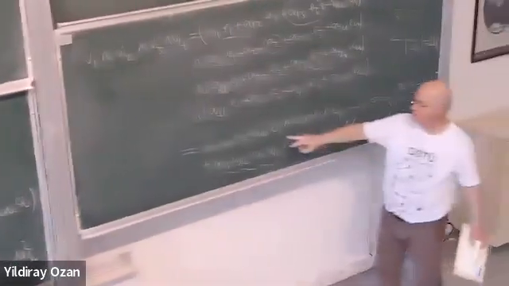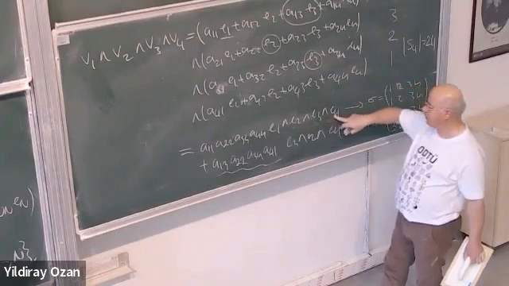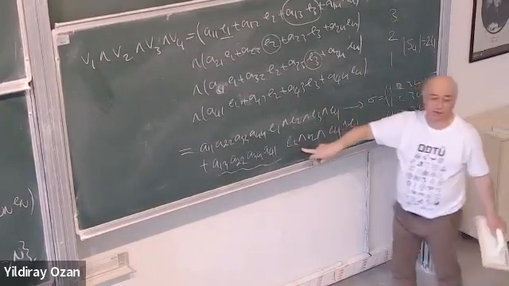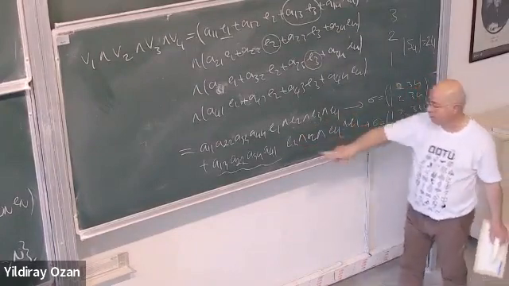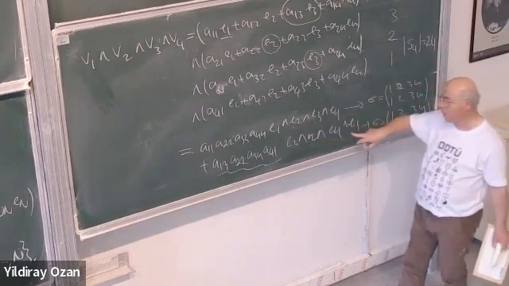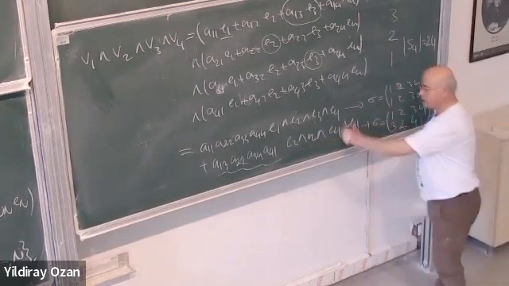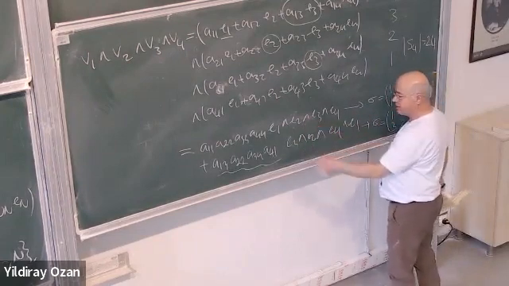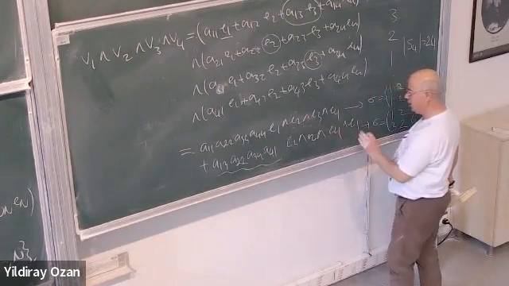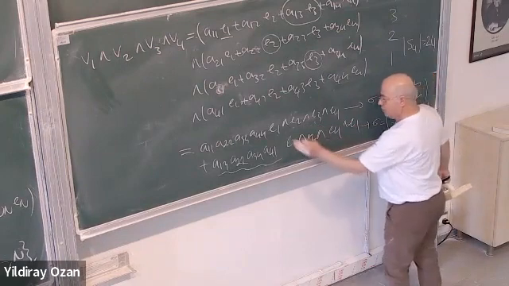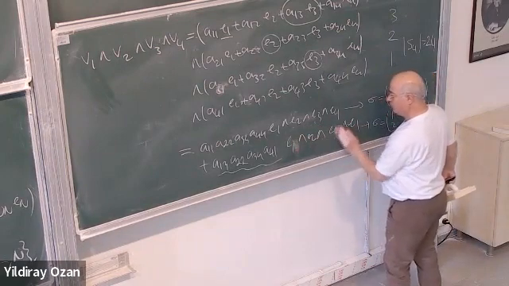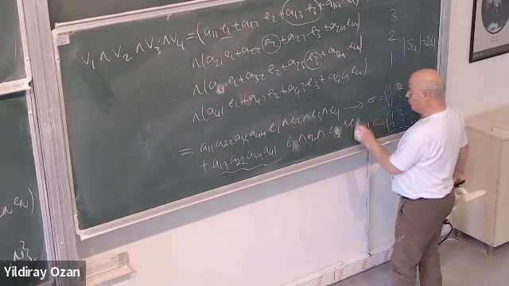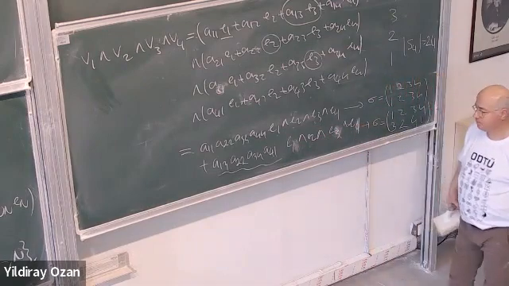The first term could be E1, E2, E3, E4, but here it is not E1, E2, E3, E4. It is 3, 2, 4, 1. But by just switching the terms, I can make this E1, E2, E3, E4, right? So 1, 2, 3, and 4. How can I do this?